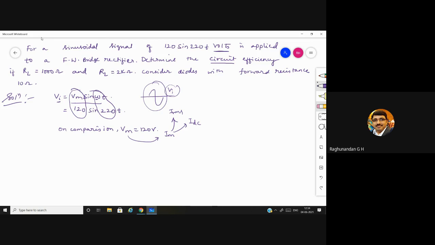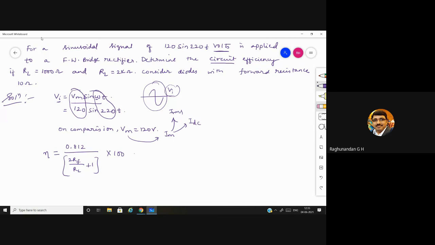The other method is the simplified version of the formula: 0.812 divided by 2 RF by RL plus 1. If you remember this equation, then you can directly jump to it.